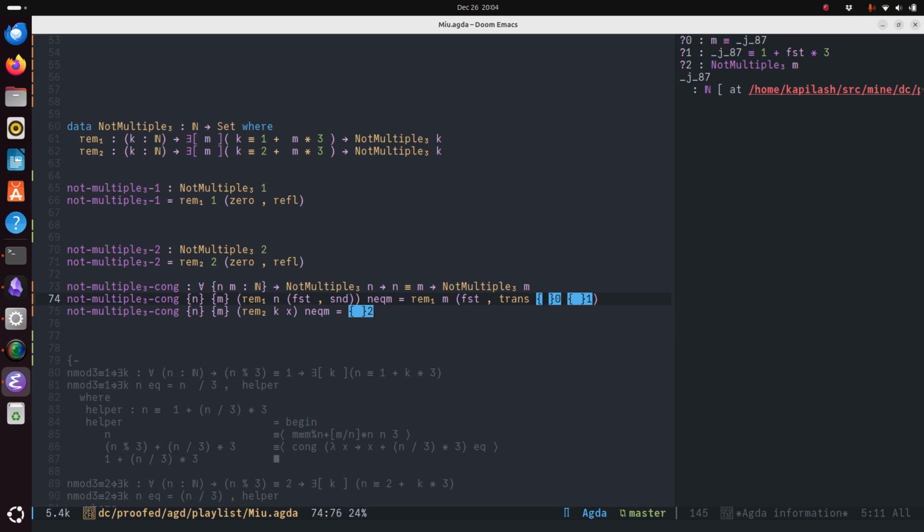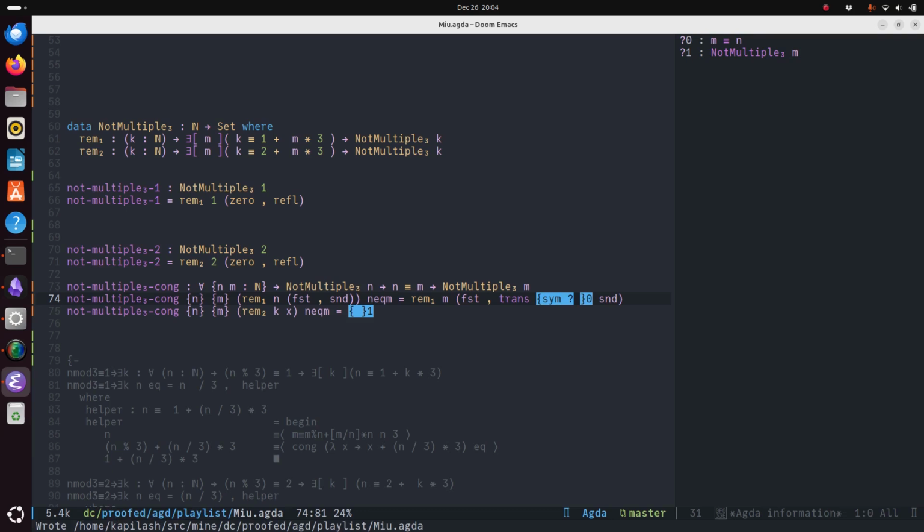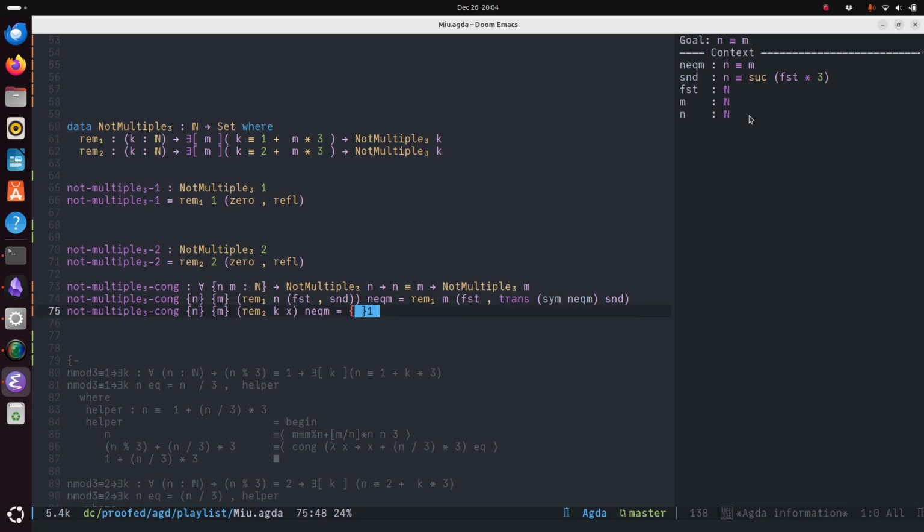So here, let us see. What we now need to prove is that m equal to n, but we have n equal to m. So we can rely on symmetry of it. So now we have enough proof there. So Agda will be able to automatically fill it, right?